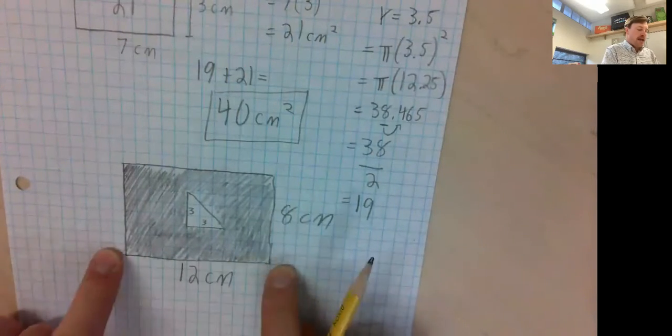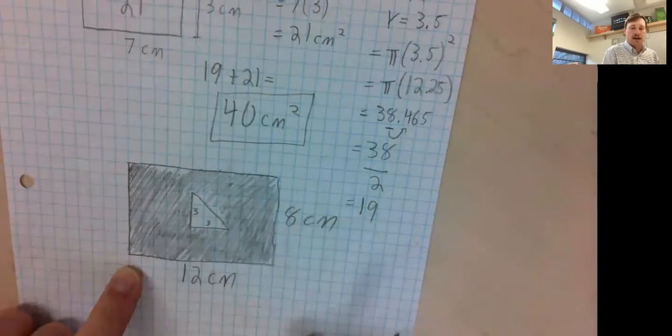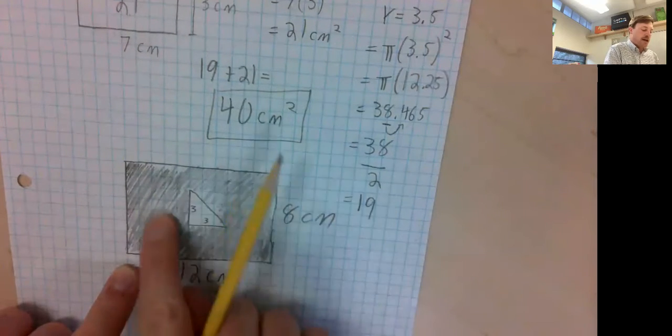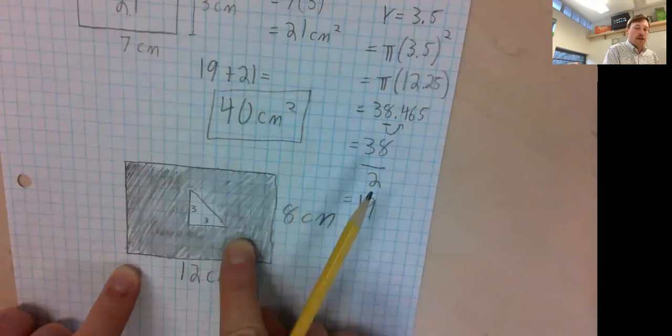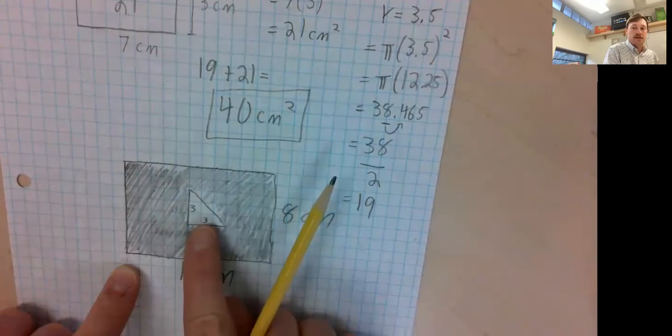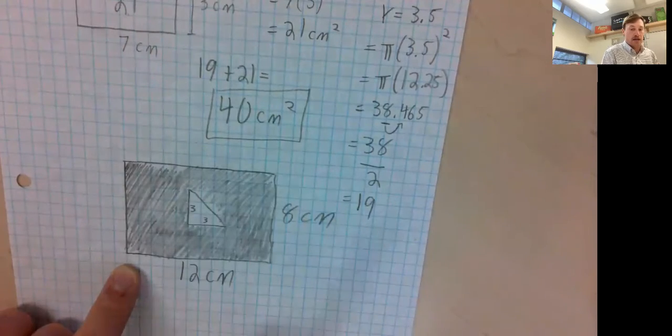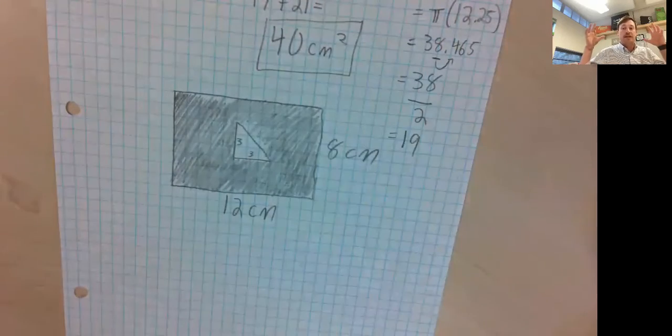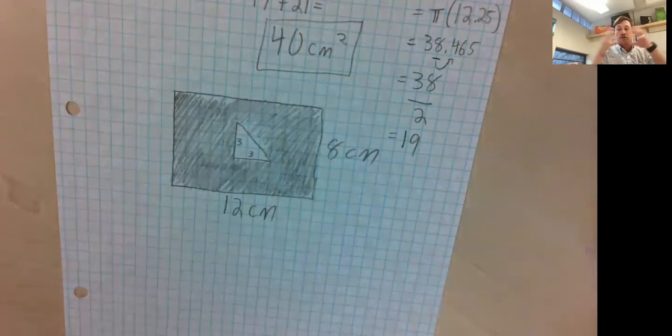I've got a rectangle and I've got a triangle. And I need to know the shaded area within the rectangle, not what's in the triangle. So what I need to do is some subtraction. Up until this point, we've been dealing with addition. We've been bringing two pieces of our compound shape together.